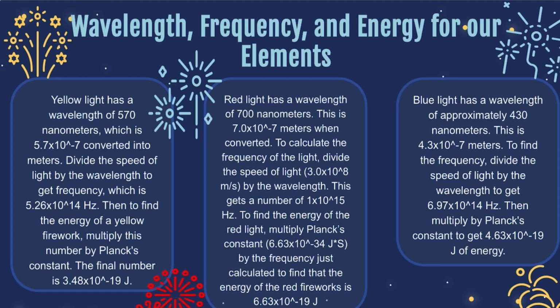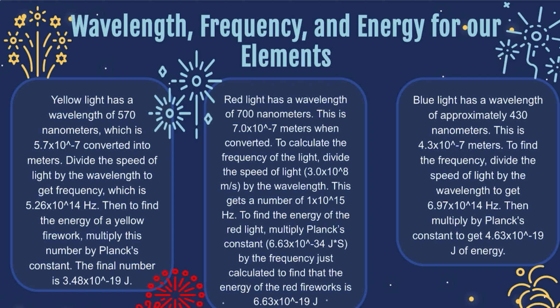To find the energy of the red light, multiply Planck's constant, 6.63 times 10 to the negative 34 power joules, by the frequency just calculated. The energy of the red fireworks is 6.63 times 10 to the negative 19 power joules.